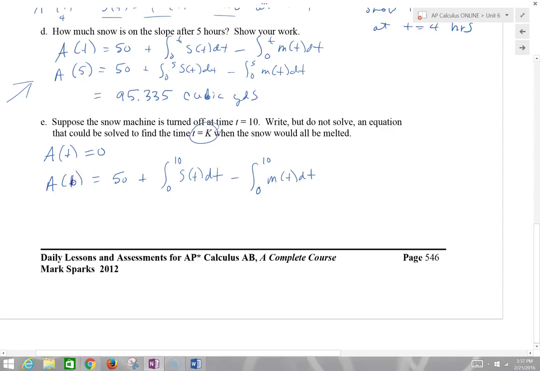I guess this is actually 10, not t. When we put this in our calculator, we end up with 183.193 cubic yards. So this is how much snow there is at time t when the snow machine is taken off.